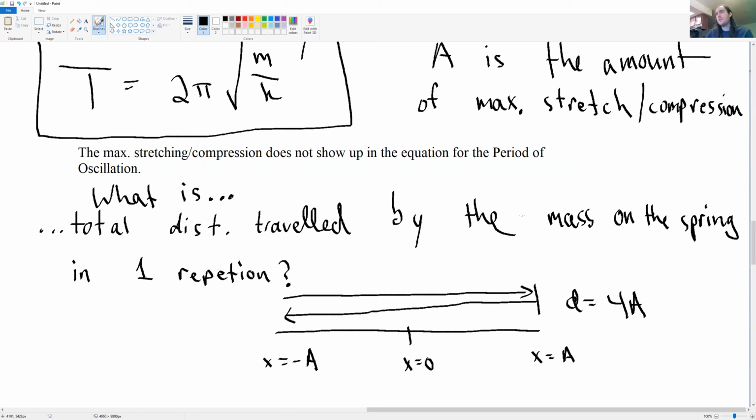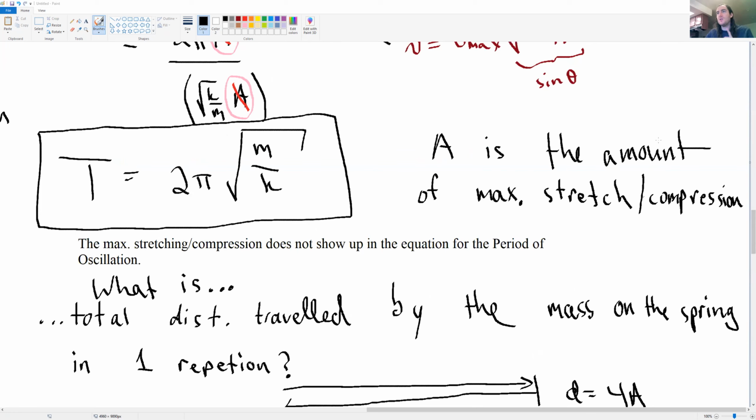So if the total distance traveled by the mass on the spring in one repetition is 4A, then where was I going with this question? I kind of interrupted my own flow there. So we found the period. Oh, right.